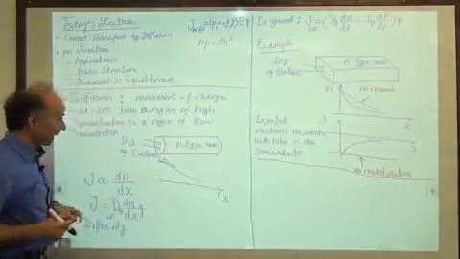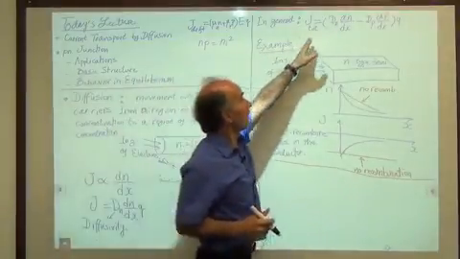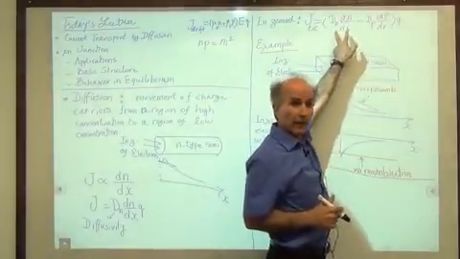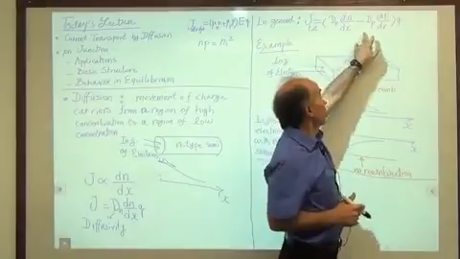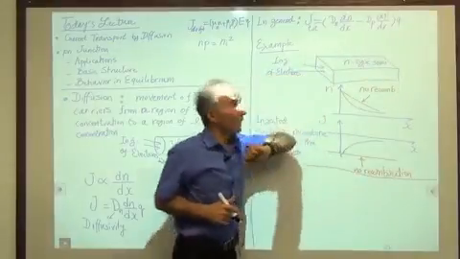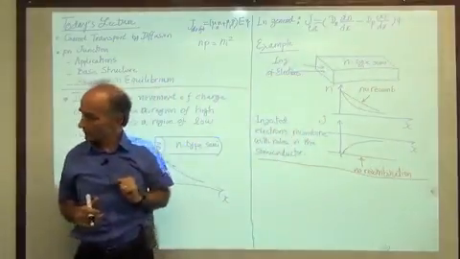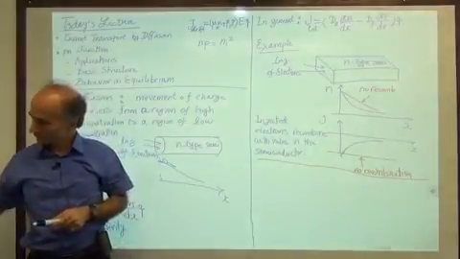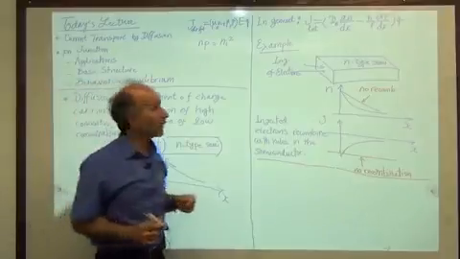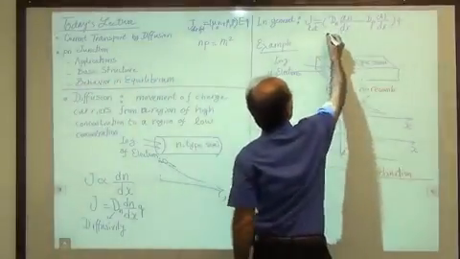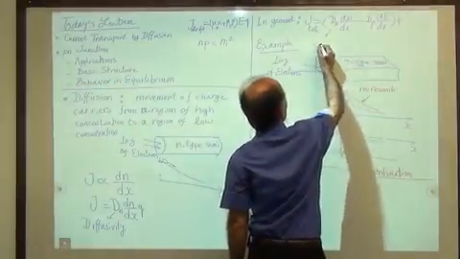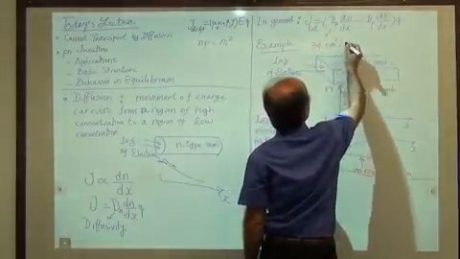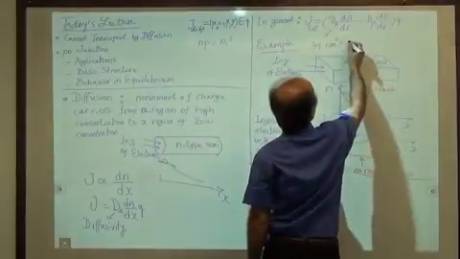So we saw that the diffusion of carriers is characterized by this equation, and we have electron diffusivity and hole diffusivity in there. If you're curious about the values, let's see if I have those values somewhere here. Yes, so D_N is 34 centimeter squared per volt.